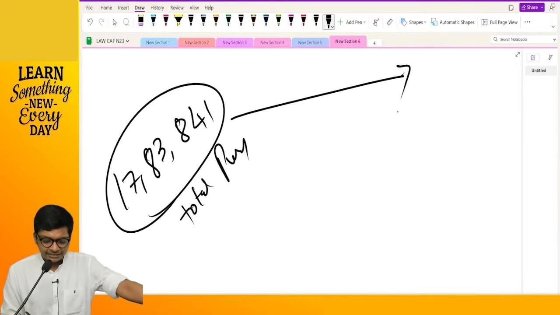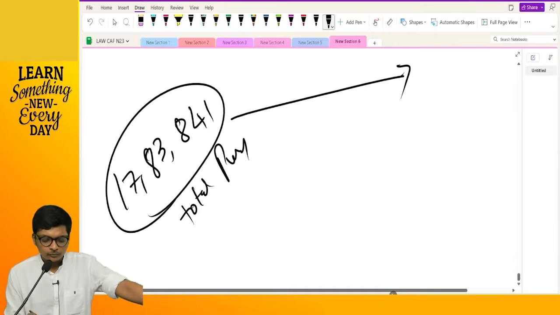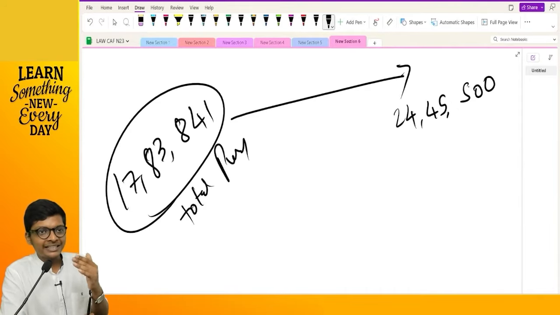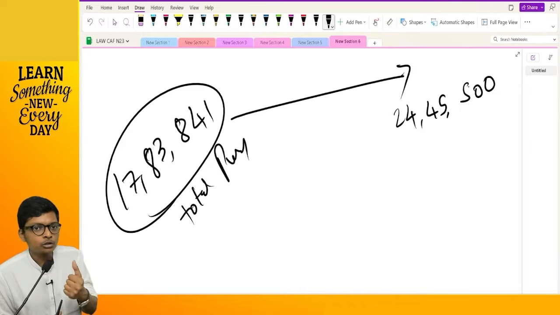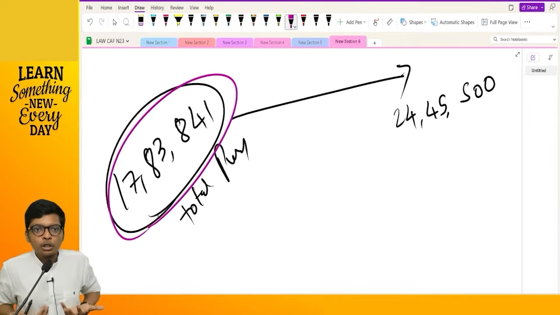Out of this, looking at the question, how much did I sell? 22 lakh 45,500. Correct? Is this total sales of all the goods that are purchased, or are some still not sold? See, this purchase, I don't know the quantity.